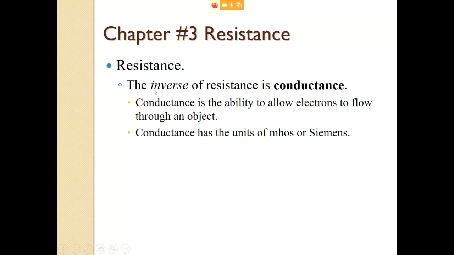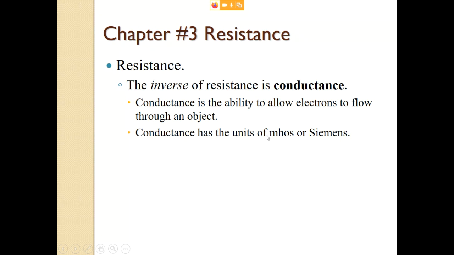All right. Now, we can also talk about the inverse of resistance. We say resistance is the opposition to current flow. Then we can talk about conductance, which is the inverse of that, which means that if it's more conductive, then it allows electrons to flow easier. So conductance is the ability to allow electrons to flow, or it just means if it's very conductive, it has very little resistance.